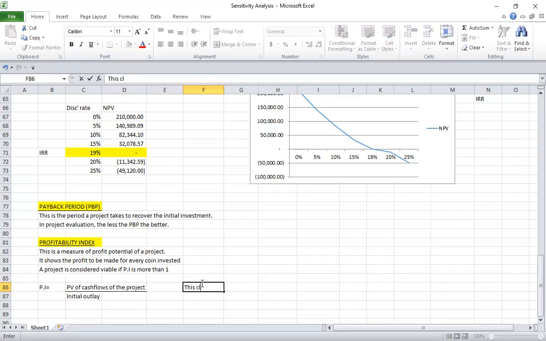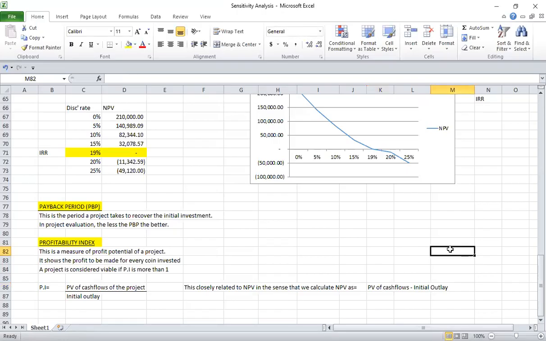This is closely related to NPV in the sense that we normally compute NPV as the present value of cash flows, remember, minus the initial outlay.